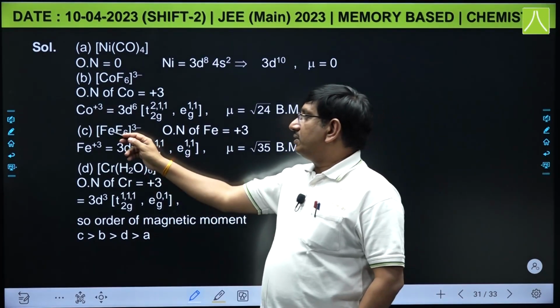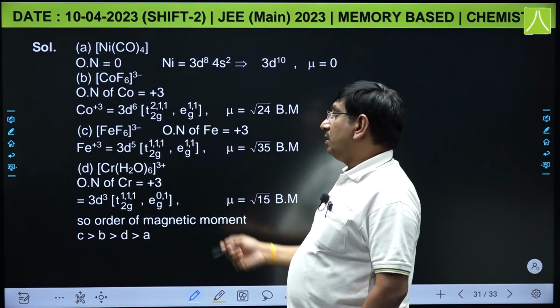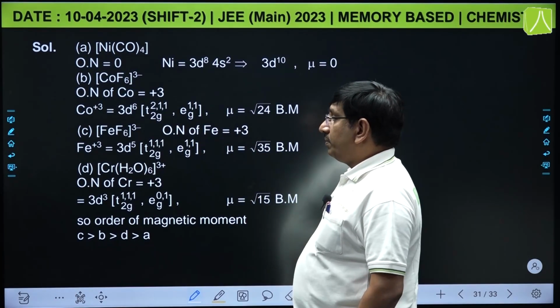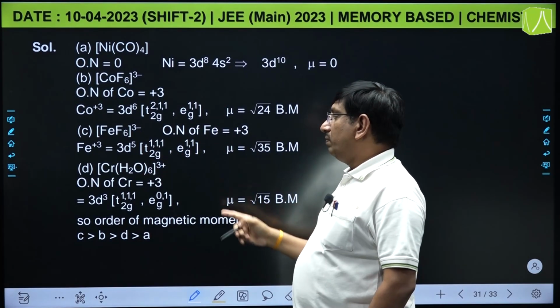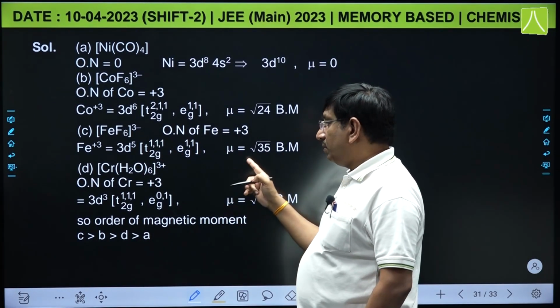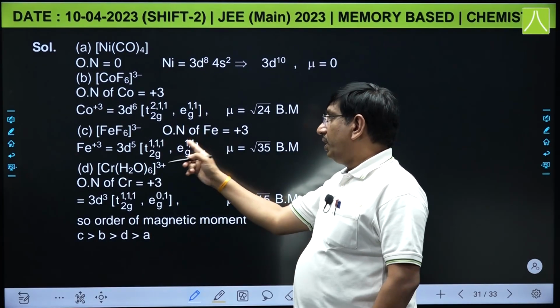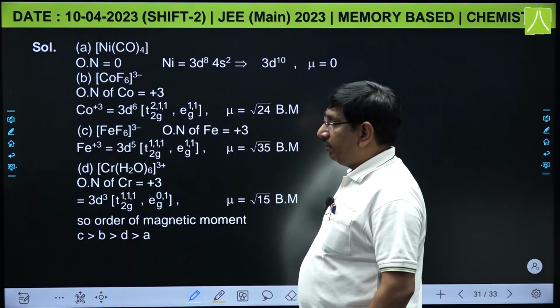Iron in plus 3 state with fluoride ion, also a weak field ligand, has 3d5 configuration t2g3 eg2, and mu will be root over 35 BM because of 5 unpaired electrons. Here there are 4 unpaired electrons, so root over 24 BM.